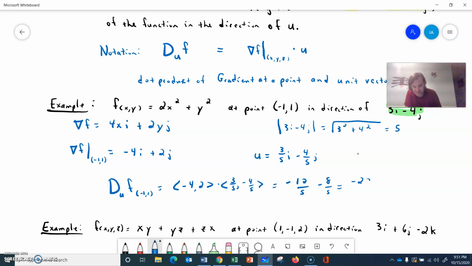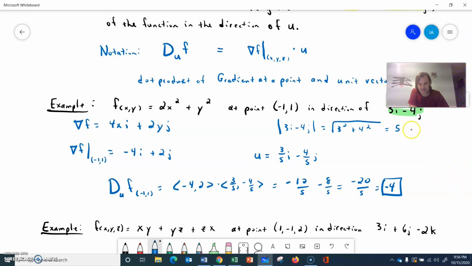So negative 20/5 gives me negative 4. Actually, this is negative 4; I saw that as soon as I stopped it. So the directional derivative there is a number because it is the dot product of the gradient, which is a vector, and the direction we're picking, u.